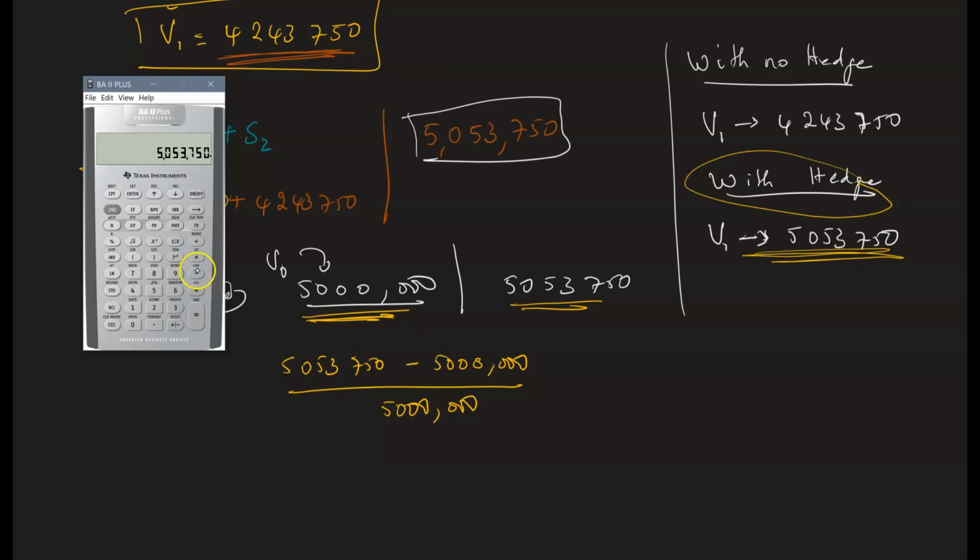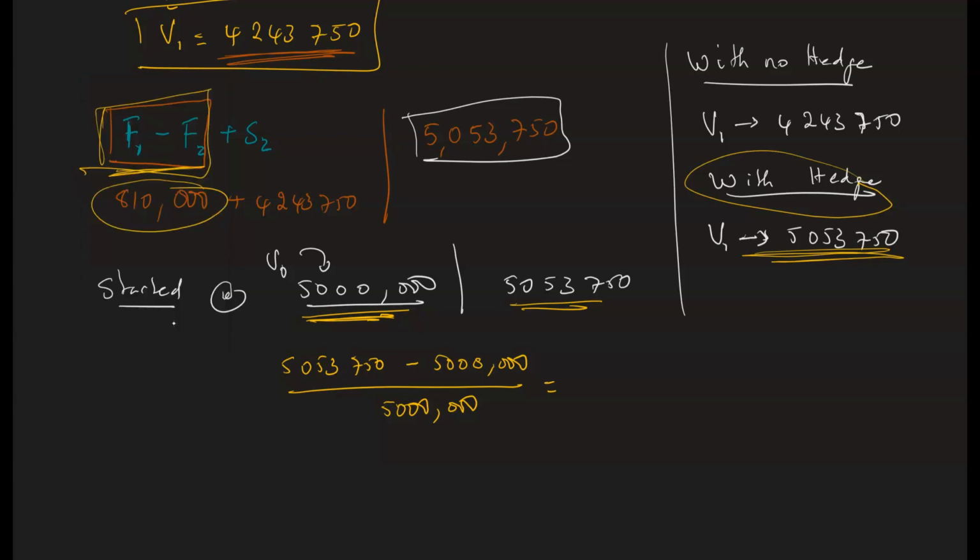Our return is about 0.01075, which is approximately equal to 1.075%. So it is approximately equal to 1%.